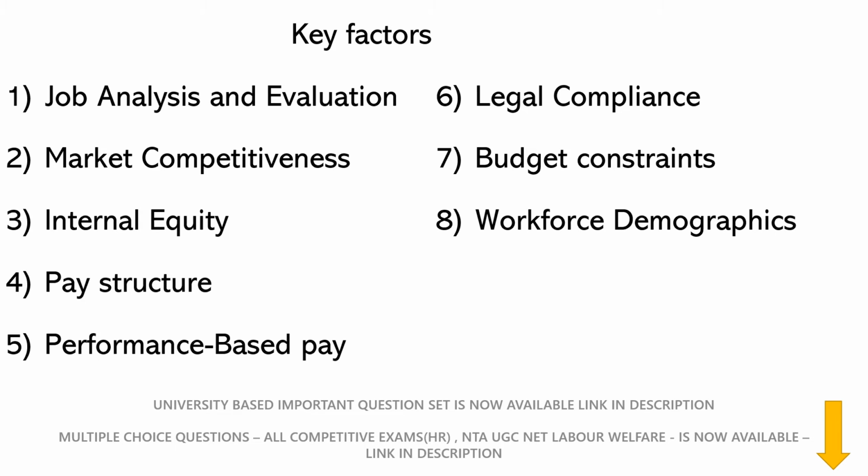Because that has to be within your company's financial limits, it will help the person who is designing a compensation system to prevent overspending, and also it will help to offer fair compensation. Like we can say that in a startup they will mostly offer low compensation packages, low base pay, but they will give some stock options. Like as the company will grow, you will also benefit from it.